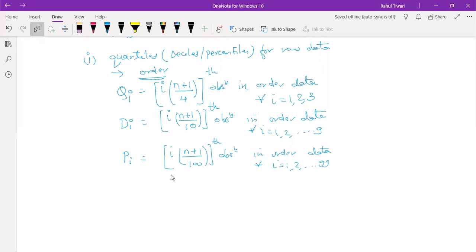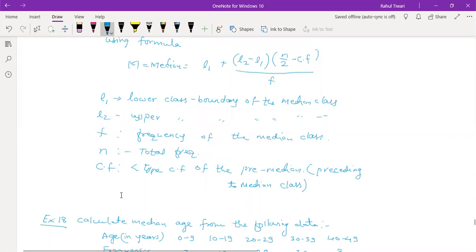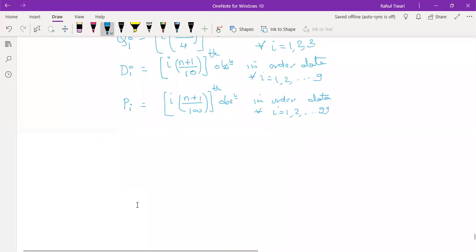Example number 18 is done. Let's take example number 19. Let's take this long data.